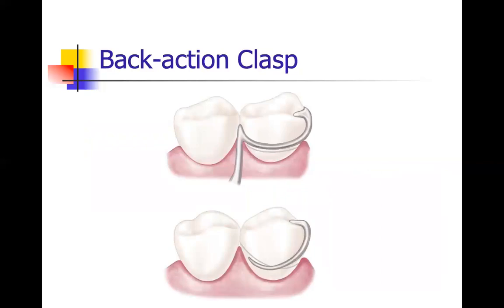The back action clasp. The back action clasp is a modification of the ring clasp. It has all of the same disadvantages and no apparent advantages. Therefore, its use is difficult to justify.